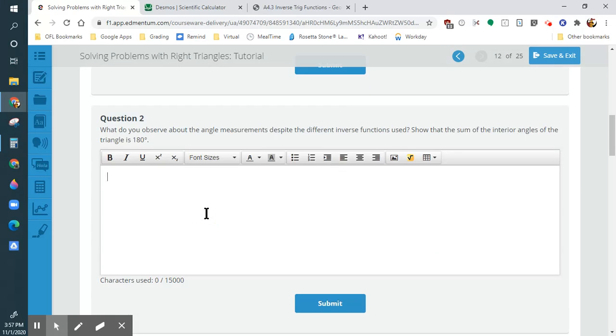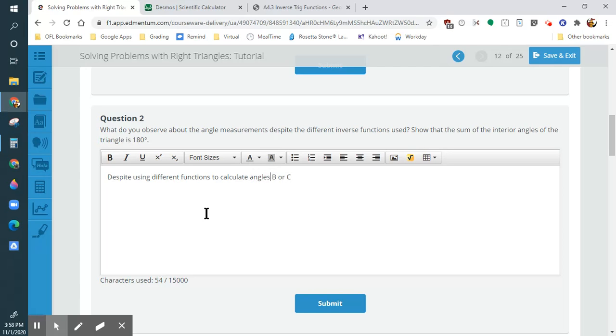Moving on, what do you observe from the angle measurements despite the inverse functions of the interior angles of the triangle being 180? Show the sum of the angles equals 180. Oh, okay. What do you observe from the angle measurements despite using different functions to calculate angles B or A?